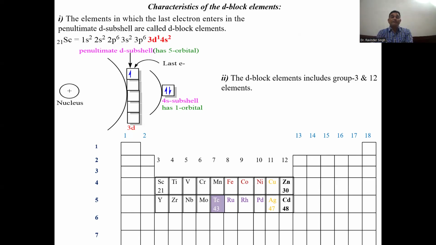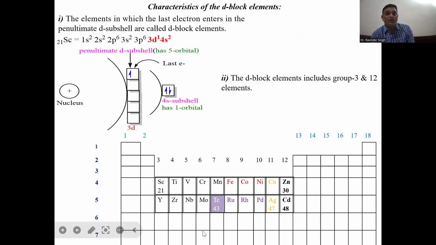In that way, we can see which of these d block elements are transition elements and which are not. Scandium to zinc are all d block elements, and yttrium to cadmium are all d block elements, but not all are transition elements.